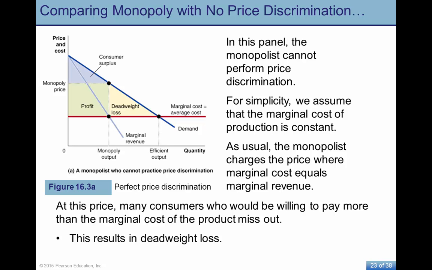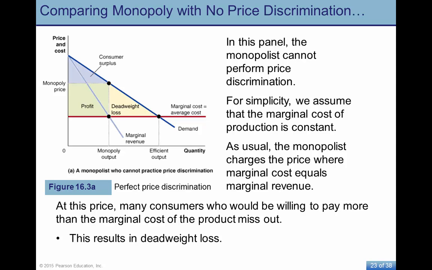Comparing monopoly with no price discrimination. In this panel, the monopolist cannot perform price discrimination. For simplicity, we assume that the marginal cost of production is constant.